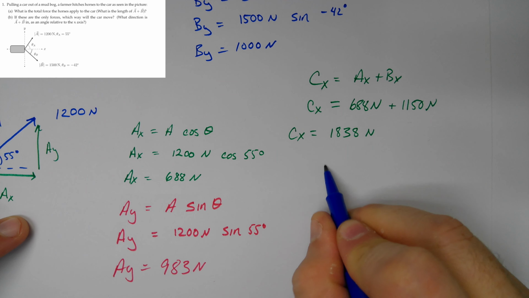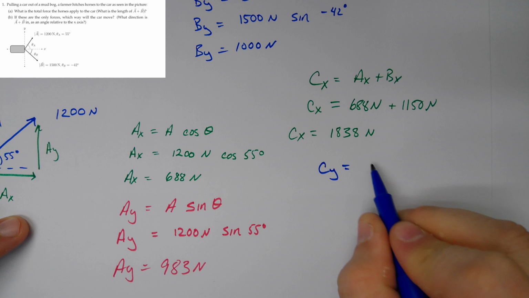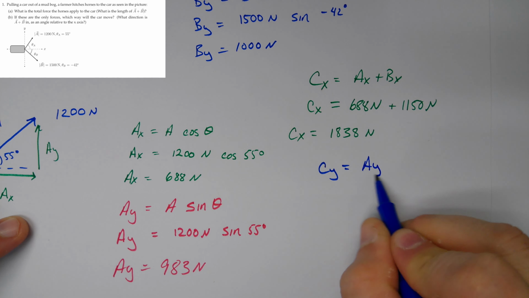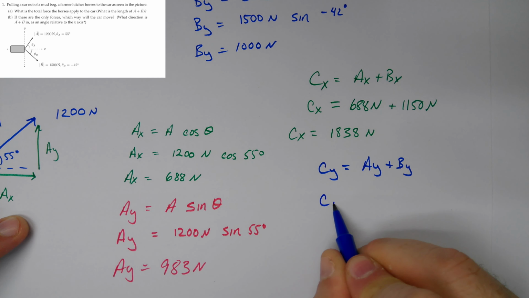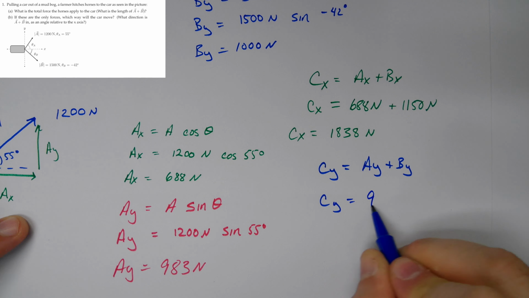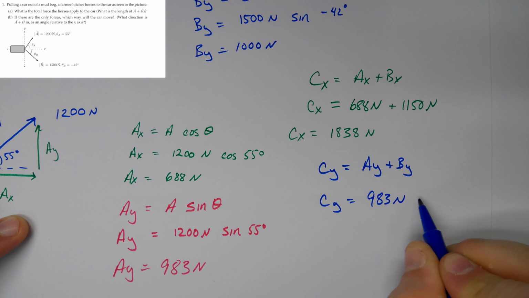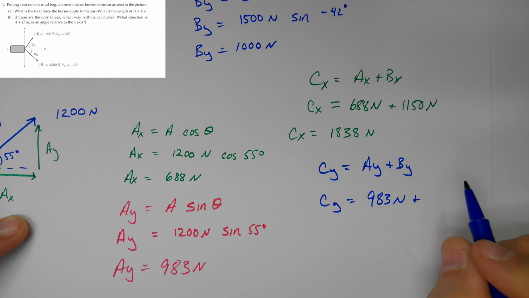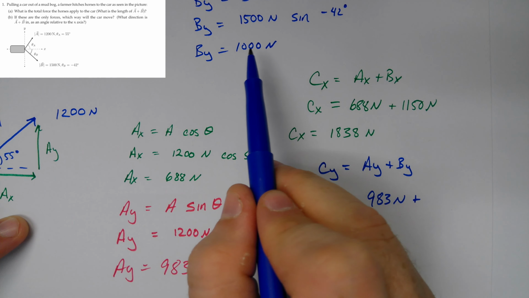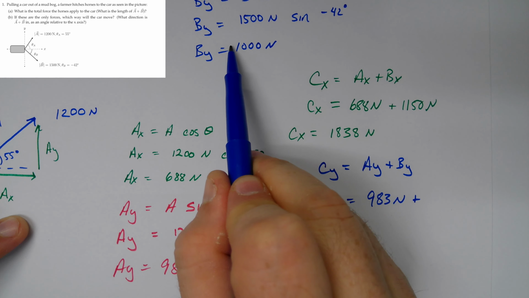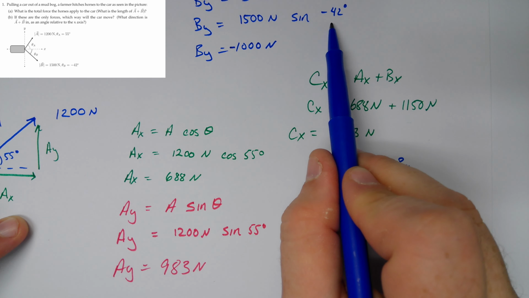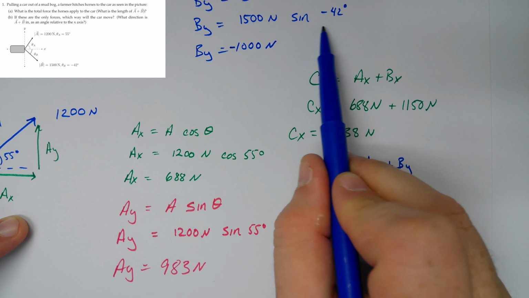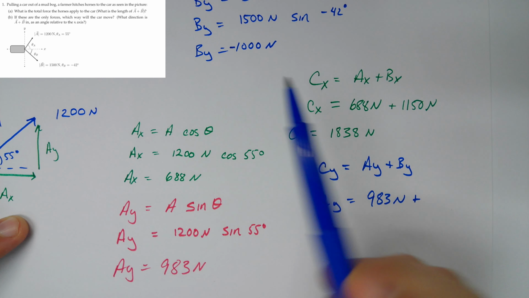So we should have C sub y is going to be A sub y plus B sub y. That's going to be 983 newtons plus, now if you remember, this should have been negative. I've dropped that negative sign. The sine 42 gives us a negative. 1500 sine 42, we get negative 1000.